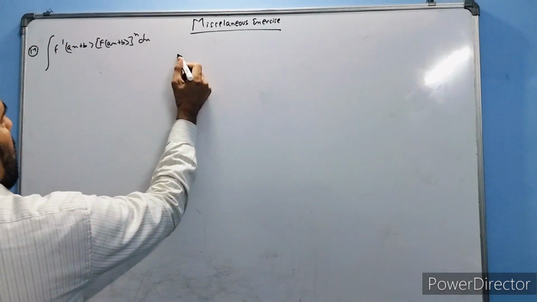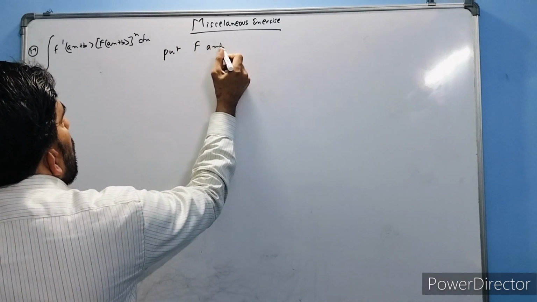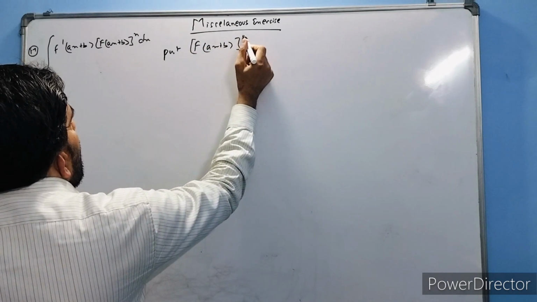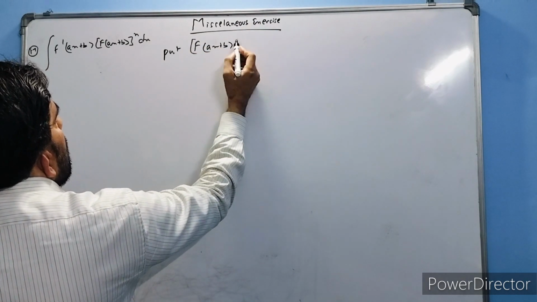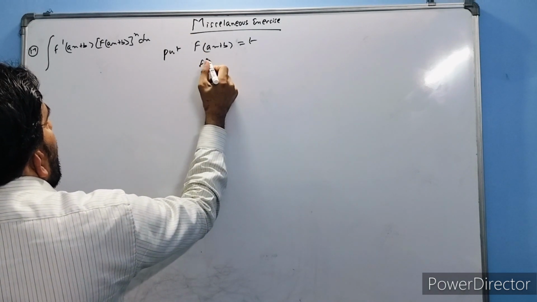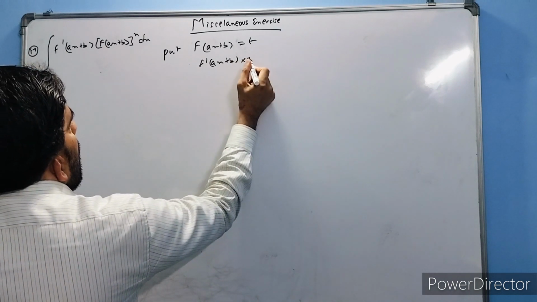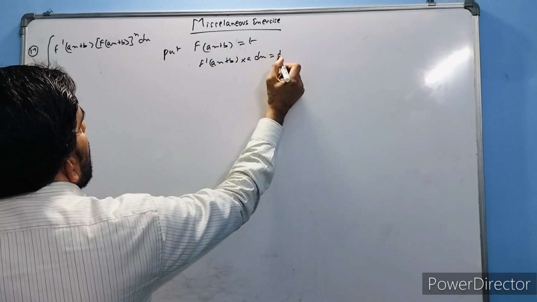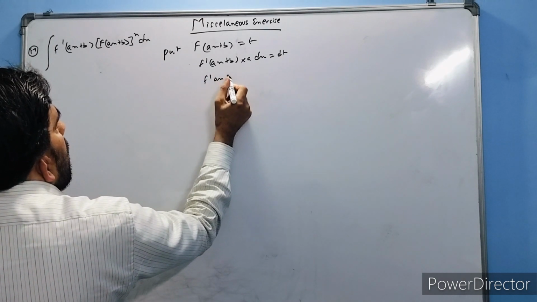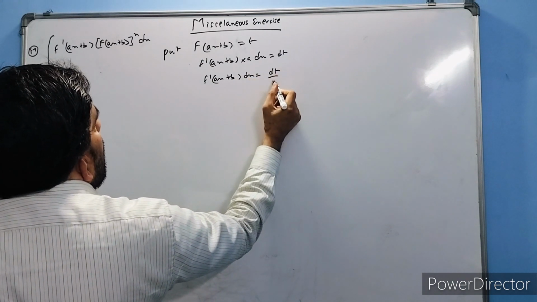What we can do is put f of ax plus b equal to t. Now what I will get is f dash ax plus b into a dx is equal to dt. Now we can say f dash ax plus b dx is equal to dt upon a.